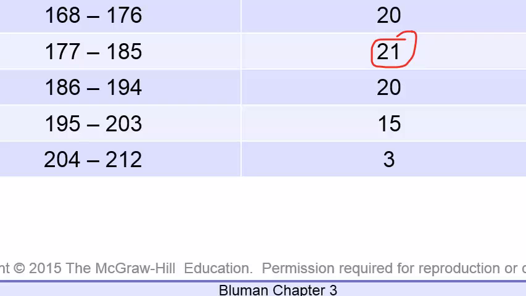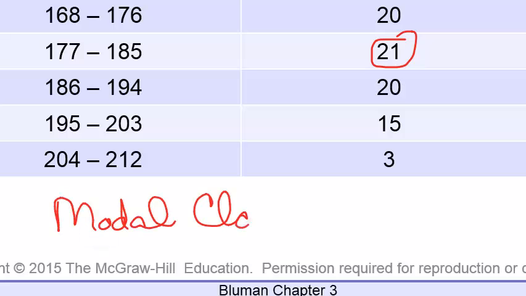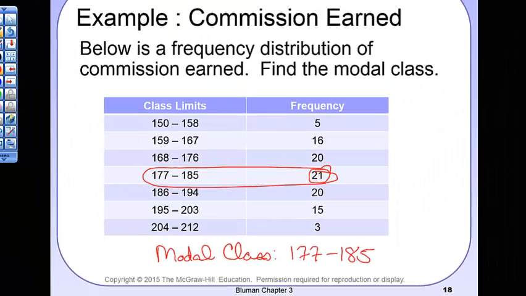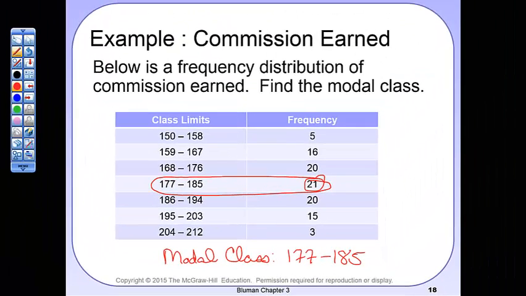So our modal class is going to be 177 to 185. That's going to be our modal class because it's the one that occurs the most often. So the modal class and the mode is still the one that has the highest frequency, the one that occurs the most often.